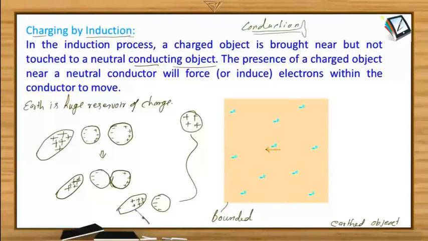And now you can remove this object to anywhere. And after this, the total negative charge will be uniformly distributed within this sphere. So that is how we will get two charged bodies having equal charge of opposite nature.